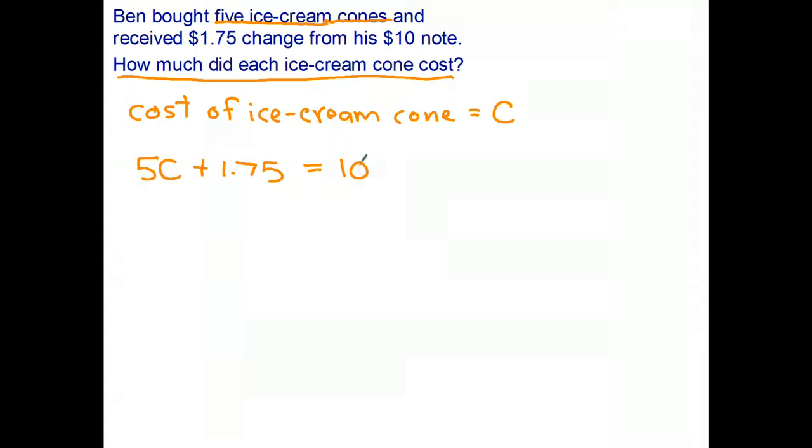And that's the equation. That one wasn't particularly difficult once you get your head around using C to represent the cost of an ice cream cone. Alternatively, you could have said 5C equals 10 subtract 1.75 and solved it from there.